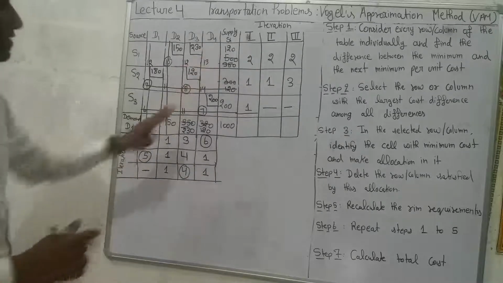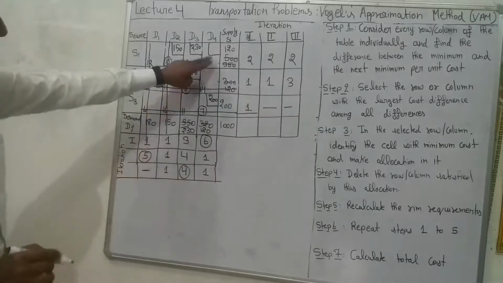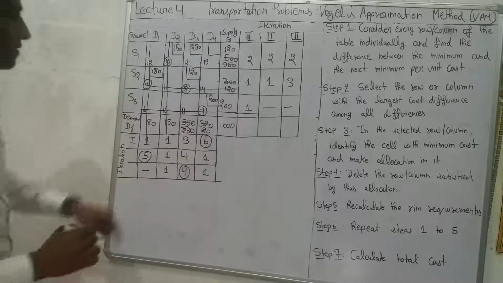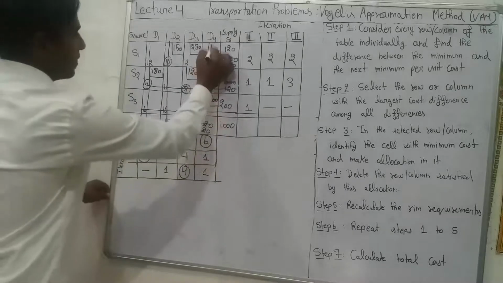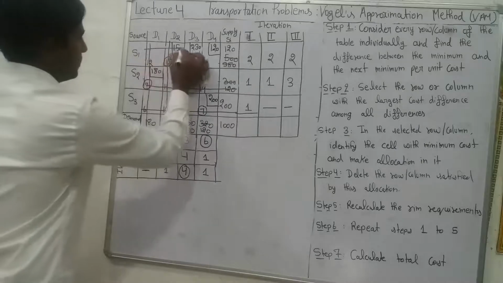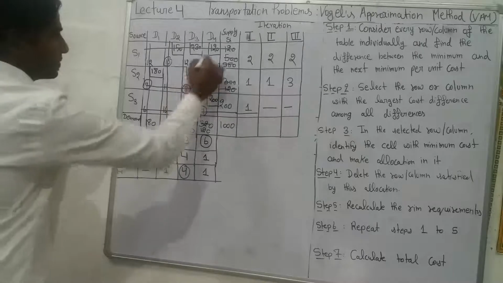Then select the next one, which is 13. Match the demand and supply. Supply is 120 units and demand is 120 units. So demand and supply are equal. Allocate 120 units in this cell. So the requirement of this cell is also fulfilled, and of this column.